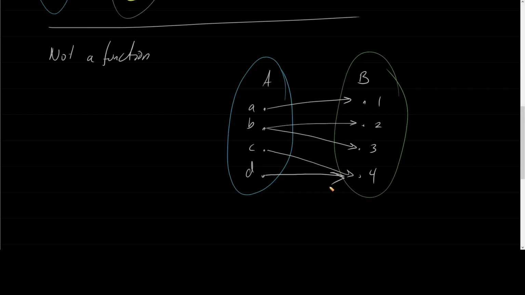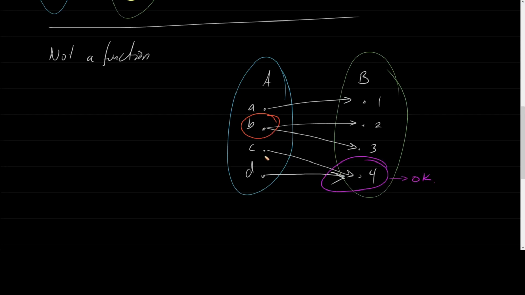Now this is not a function, and here's why. The issue here is that this element right here is being sent to 2 different elements in set B, so it's got 2 different values. Something similar is happening over here, but this is okay.